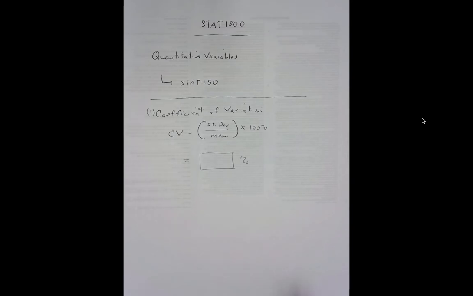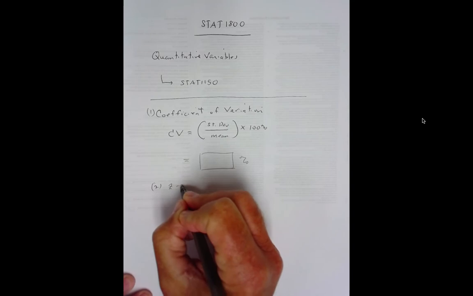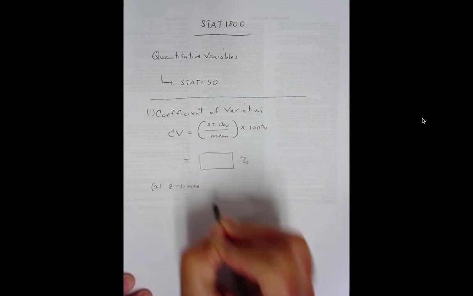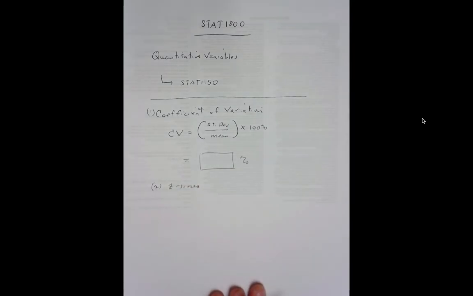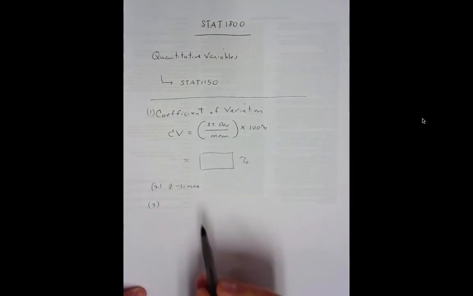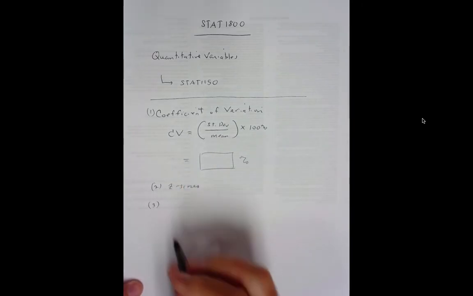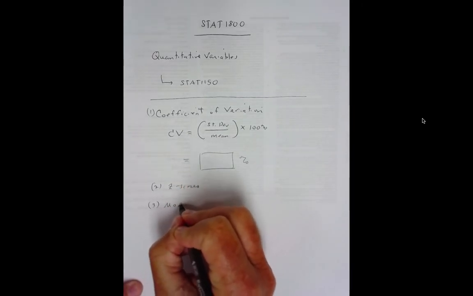It would give us a measure for comparing those. Something else that you're going to get in a future video that I think does this even better is something called z-scores.